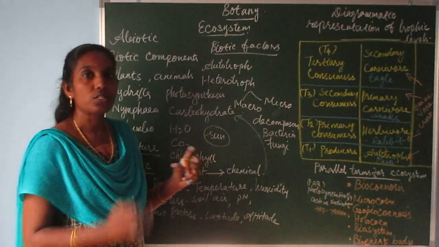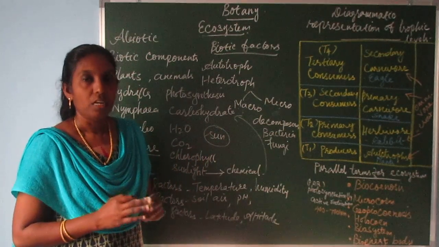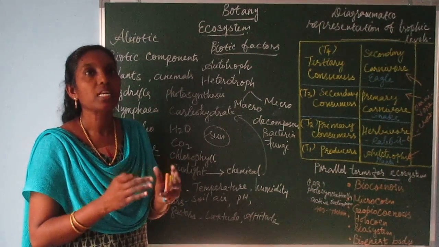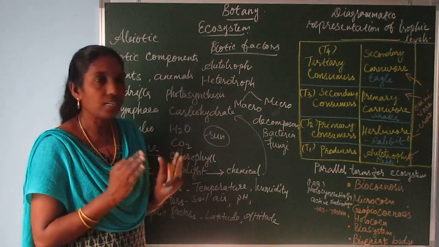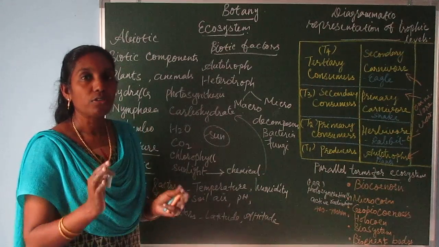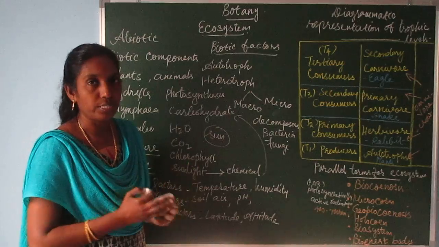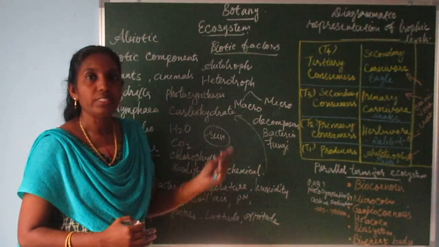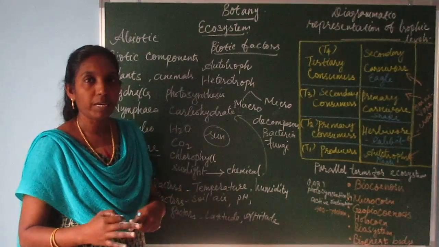The sun is the source of energy. For photosynthesis, the main process is photosynthesis, because producers are at the first trophic level. Photosynthesis or autotrophs play a very important role, converting light energy into chemical energy.